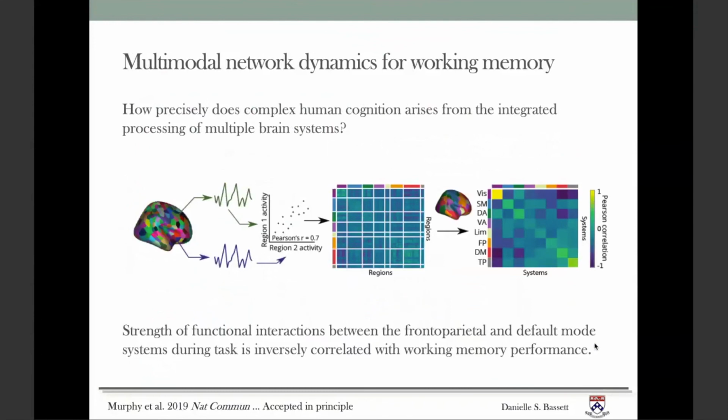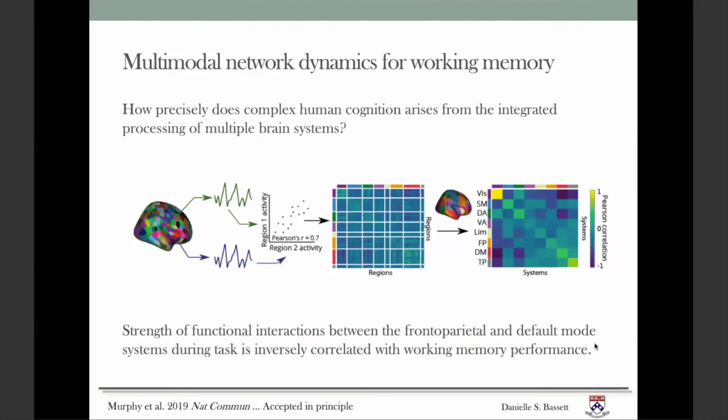The particular kind of behavior that I'm interested in this study is working memory. And there's actually some very nice prior work that's demonstrated from several different labs and different data samples that the strength of functional interactions between the frontal parietal system and the default mode system during an N-back working memory task is correlated with working memory performance.